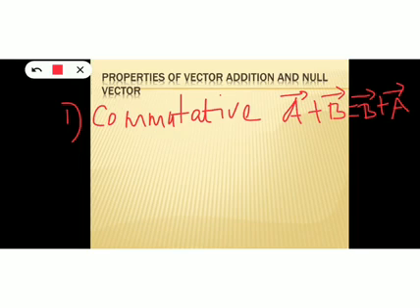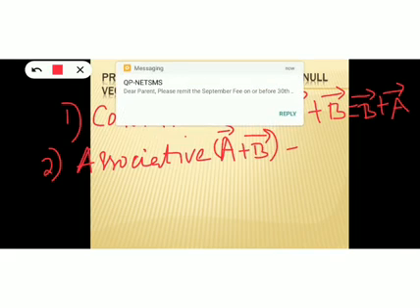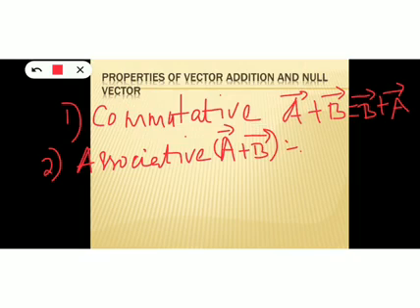Next, vector addition obeys the associative property or associative law. So what do you mean by the associative law? Consider three vectors A, B and C. Then we can write (A + B) + C is equal to A + (B + C).